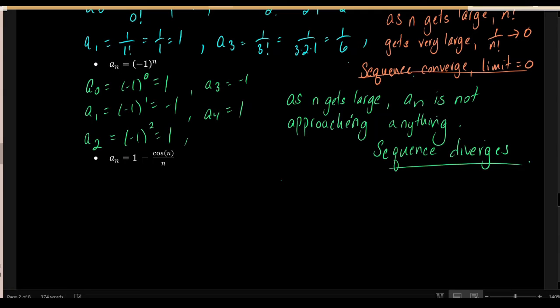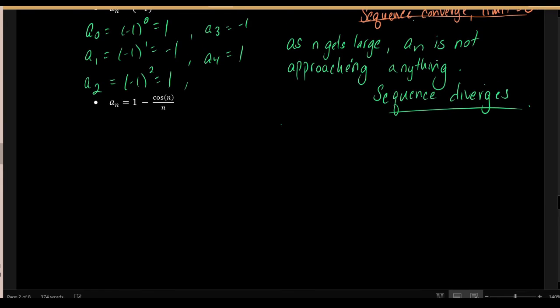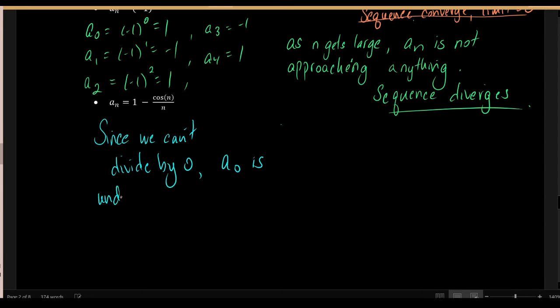As a final example, let's consider the sequence where a sub n is equal to 1 minus cosine of n, all over n. Now notice that we cannot actually divide by 0 in a fraction. Since we can't divide by 0, a sub 0 is undefined.